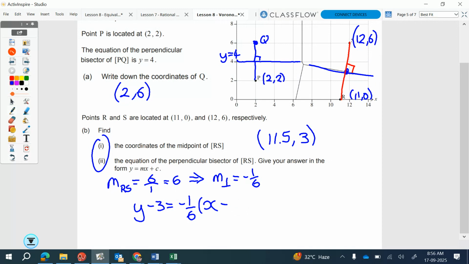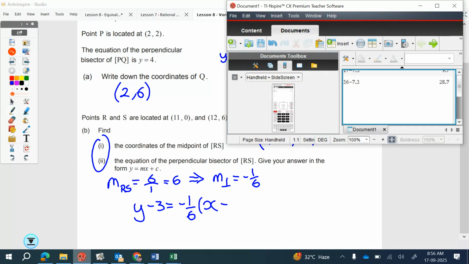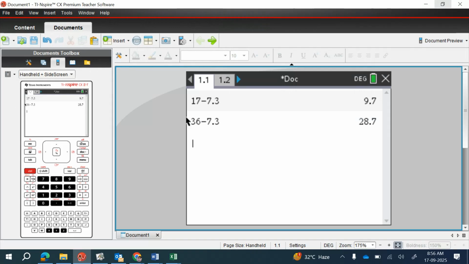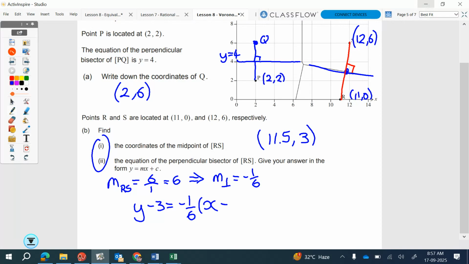We're going to be better off on this one using a fraction. So what is 11.5 as a fraction? If you don't know how to do it, use the calculator's menu: 23 over 2. The calculator can do that for us.